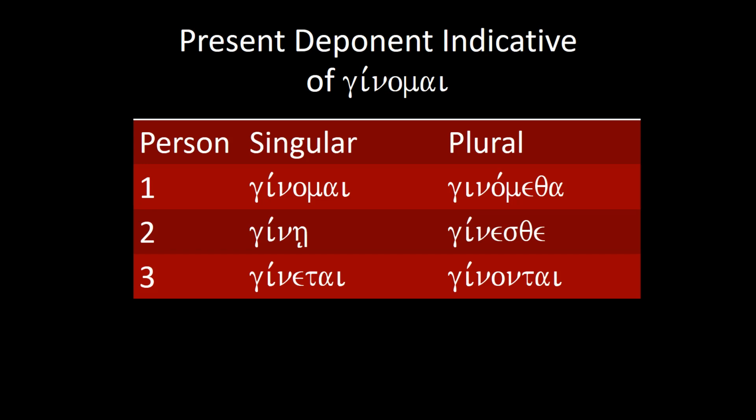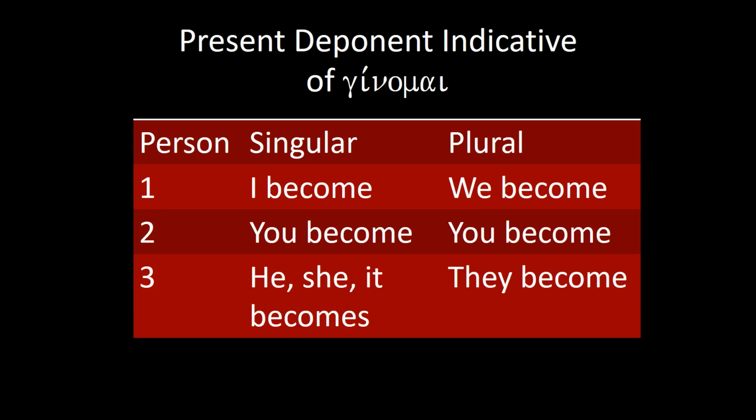It looks middle passive, but how do you translate it? You translate it as active. So how would that look? I become, you become, he, she, or it becomes, we become, you become, they become. You translate it just as if it were an active verb, not as if it were middle or passive.